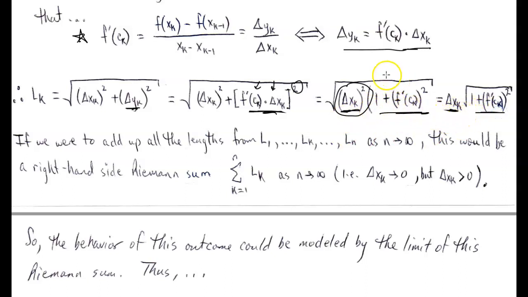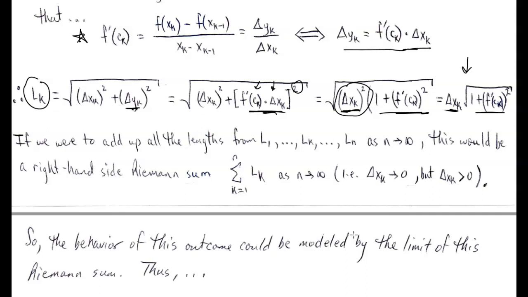Okay. Now, that means that this one very small piece or length that I'm using to approximate the length of my function for that very small part can be looked at like this. Note that there are a bunch of these very small lengths that I'm using.